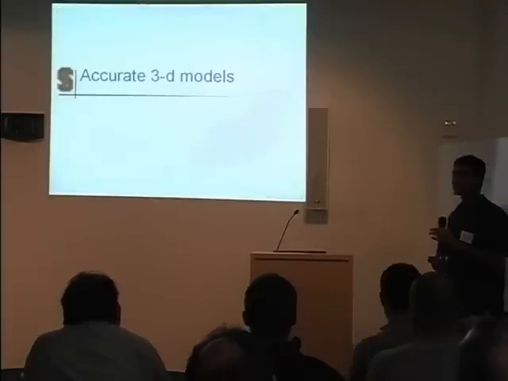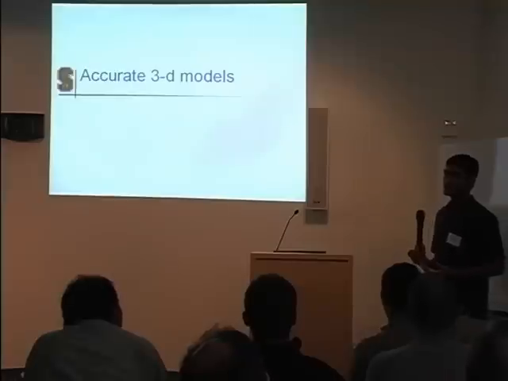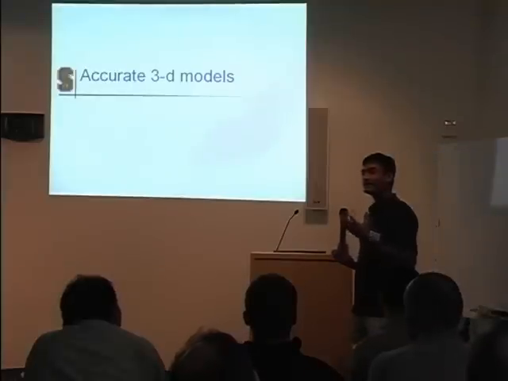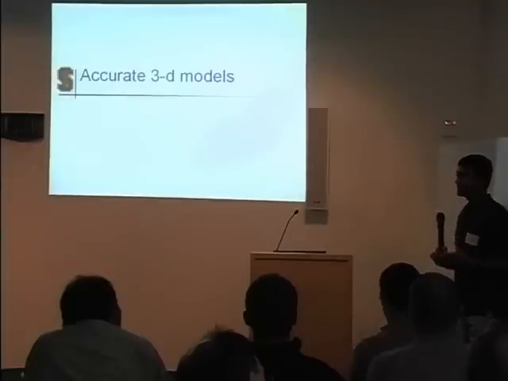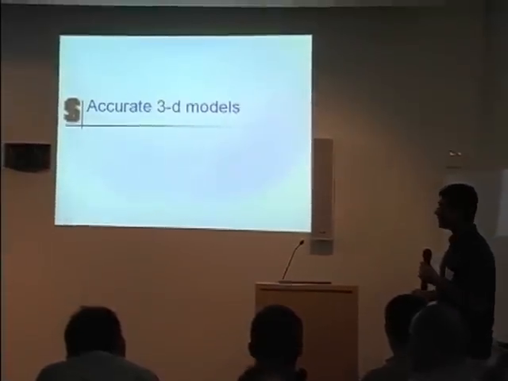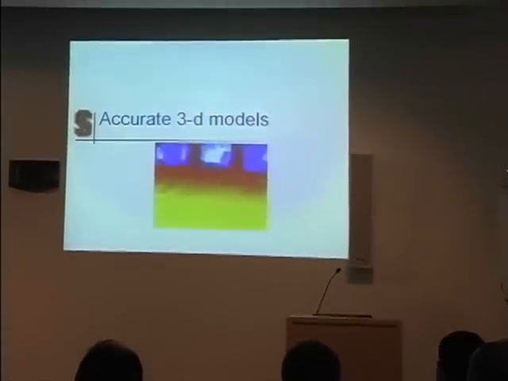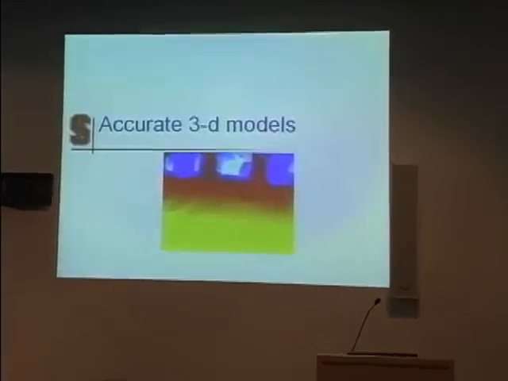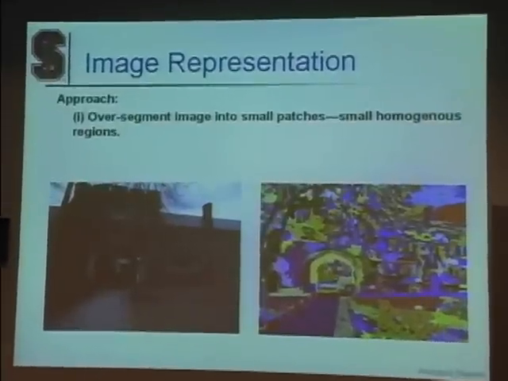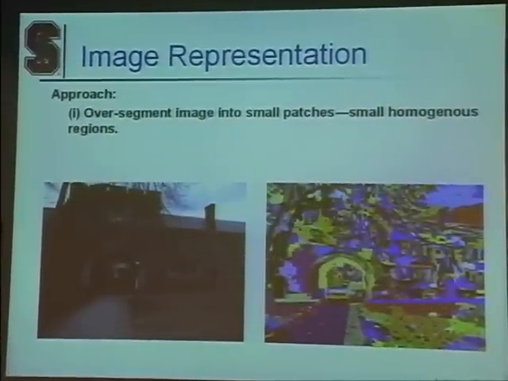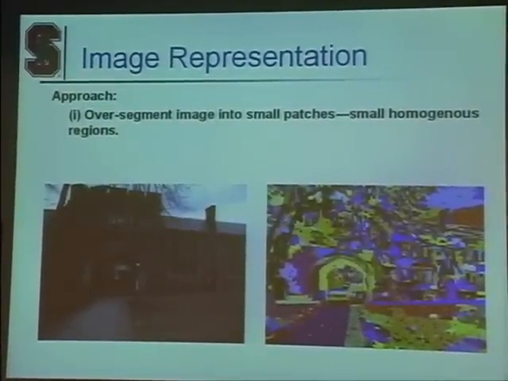So far, this was our old work. We are only able to get very coarse depth maps. You see the depth maps are blurry. They're not that accurate. What if we want to really get accurate 3D models? Starting from this, taking some ideas from this depth map, in this approach we notice the fact that most of the scenes around us are composed of small planes.